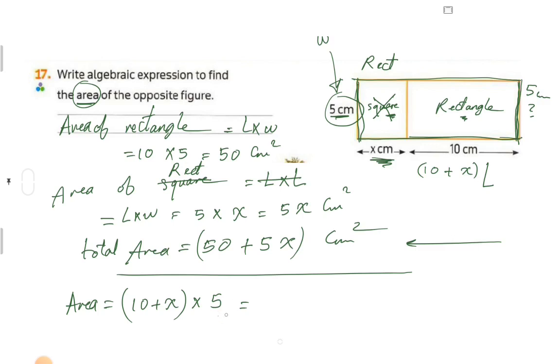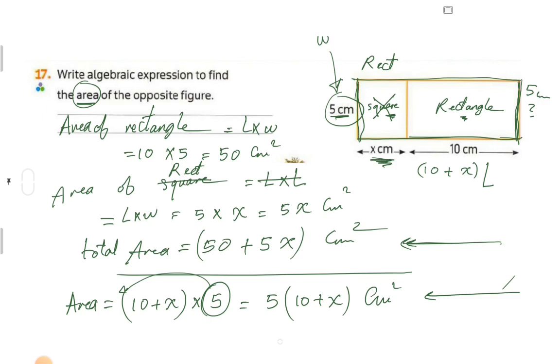It's preferable to put this constant at the left side: 5 times (10 plus x) centimeter square, because it's area. Now, is this one different from that one?